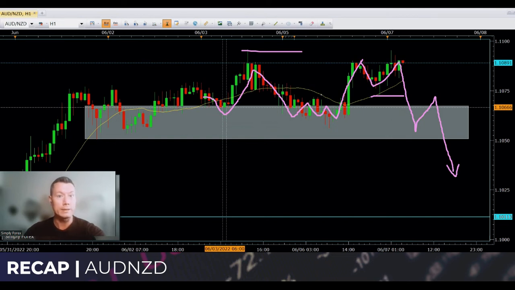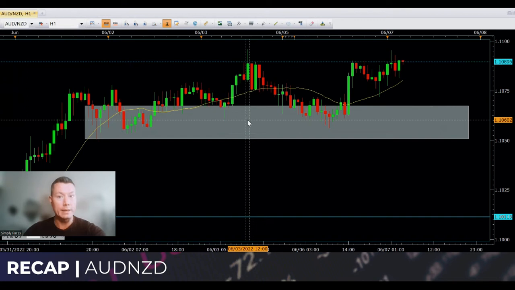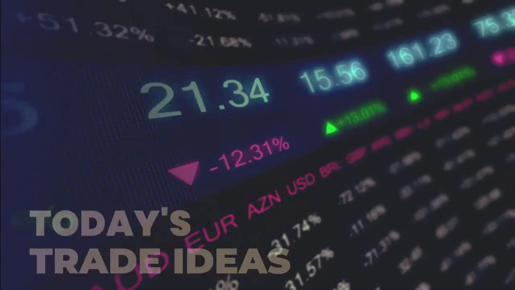It didn't meet our criteria, so we didn't have a trade, guys. All right, but let me know how you traded this pair, if you stayed out of this pair or actually traded this pair. I didn't. We didn't have a H1 structure break. Okay, guys, and that was the only trade from yesterday. So that's the recap finished. Let's look at today's potential trades now.